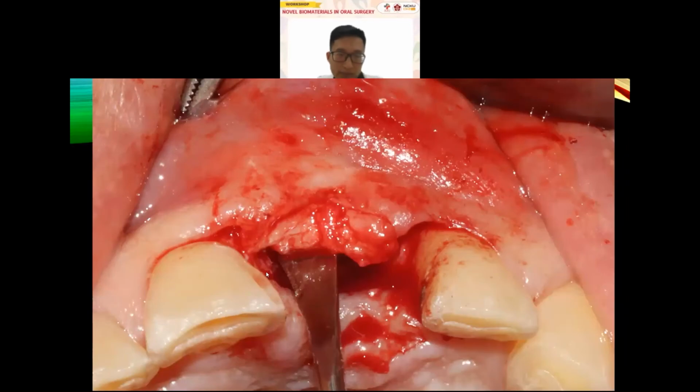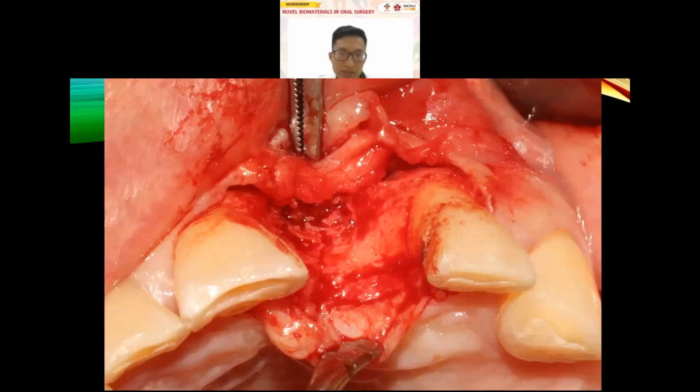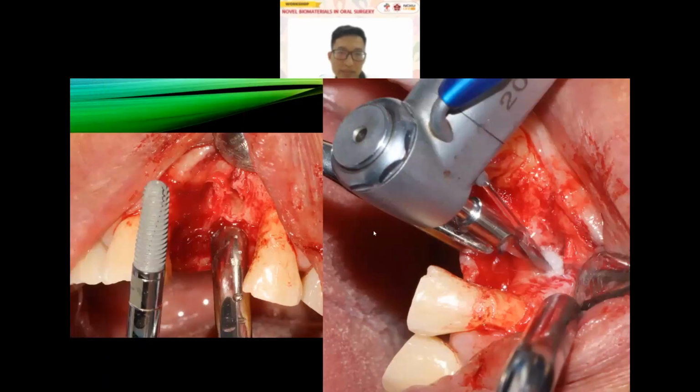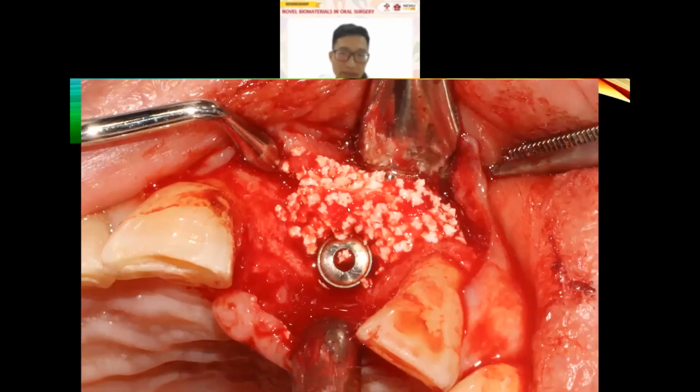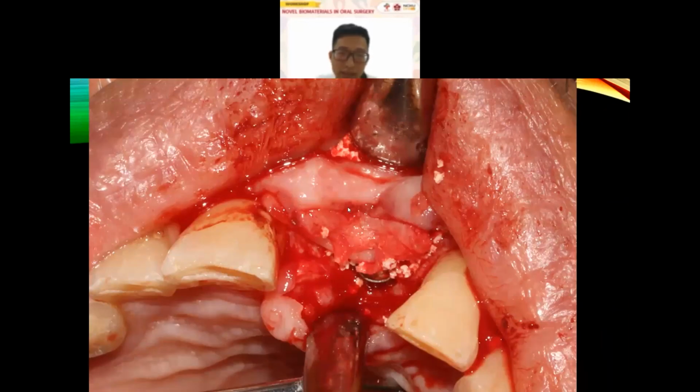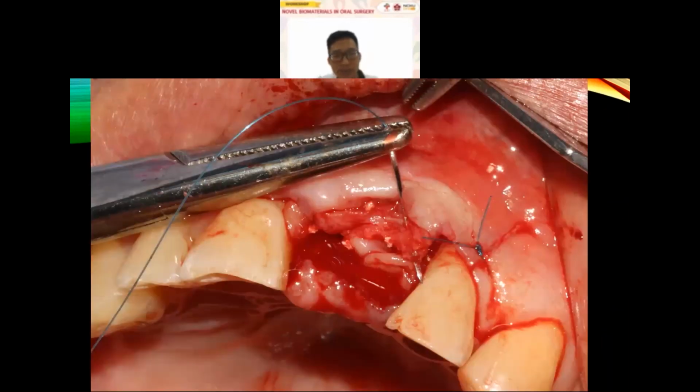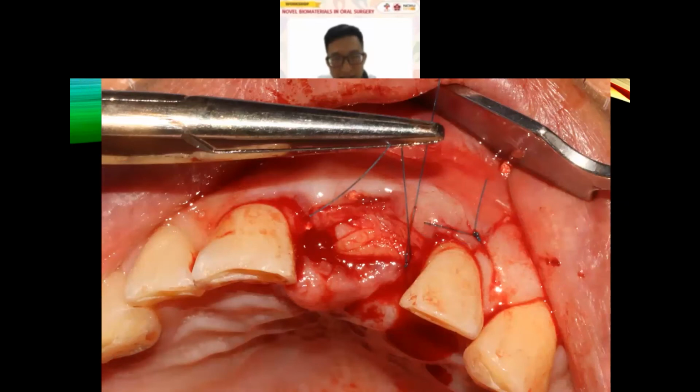After I reflect the flap, I can retain the connective tissue in the buccal areas. And so I can place the implant, make some bone grafting in this area, and after that I suture. So in this case, I left the connective tissue exposed to the oral environment.